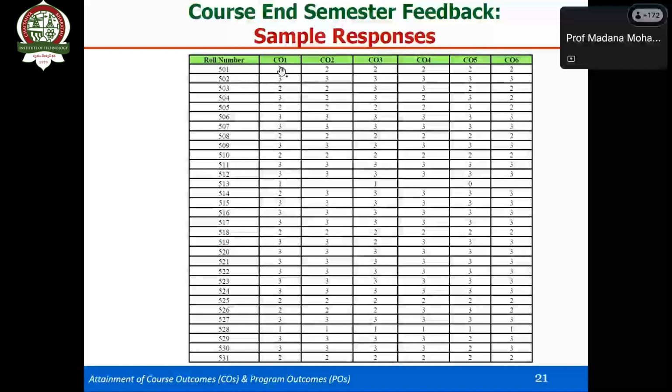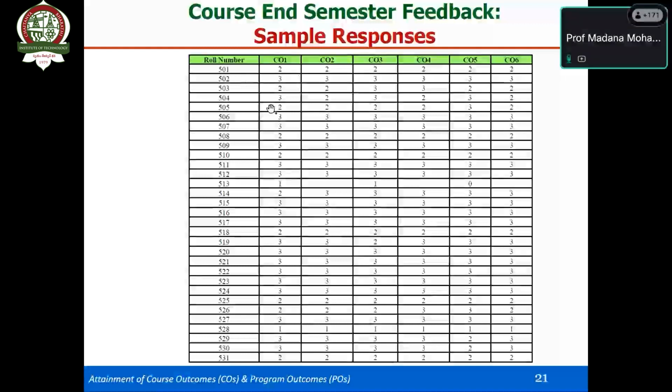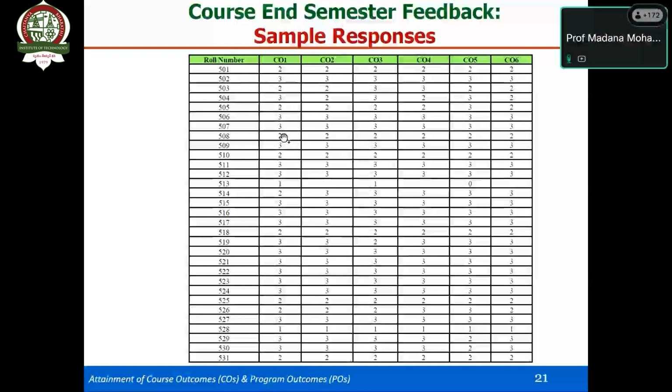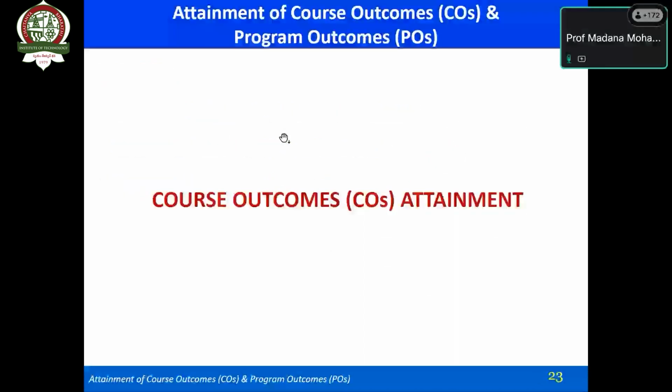So CO-wise, whatever the levels, you can take the number of attempted levels: suppose level 2, how many attempted, level 3, how many attempted, level 1, how many attempted. For every CO, calculate this count value. Based on that, the formula is defined here.